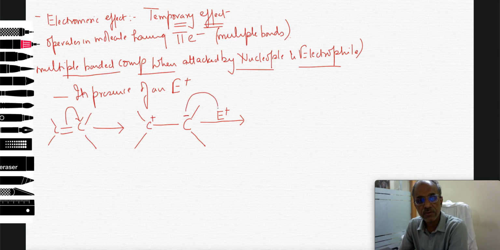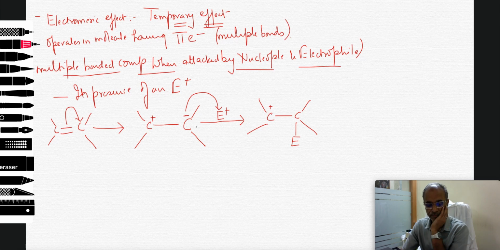Here the electrophile comes and sits. The electrophile is added on the carbon atom which is negatively charged, and the electrons are transferred onto this carbon atom.